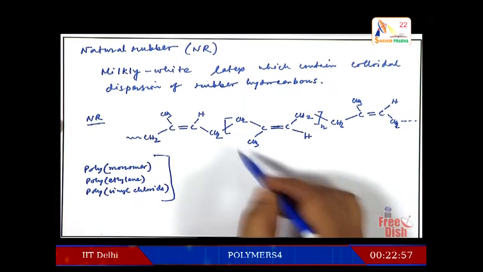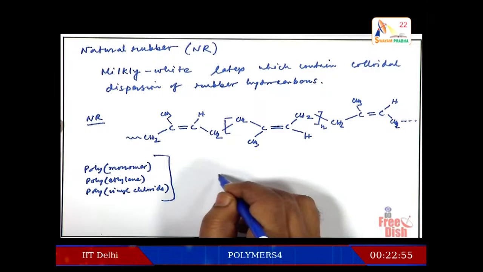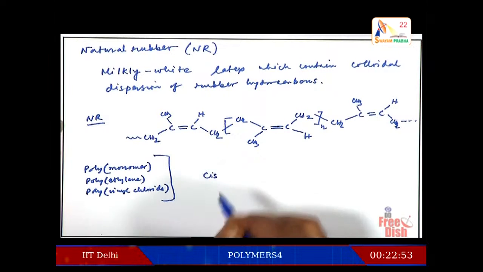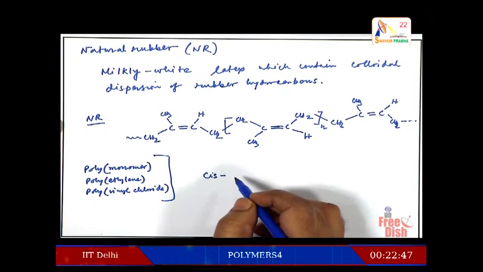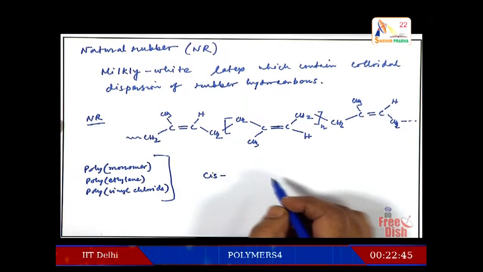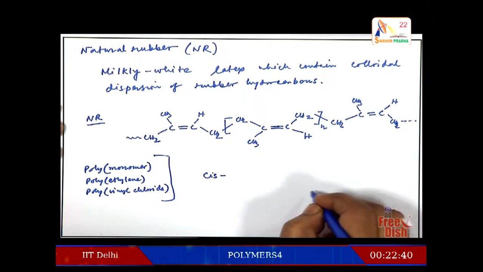So, we can think about what monomer it was probably obtained from. We can think that this is obtained from this monomer.